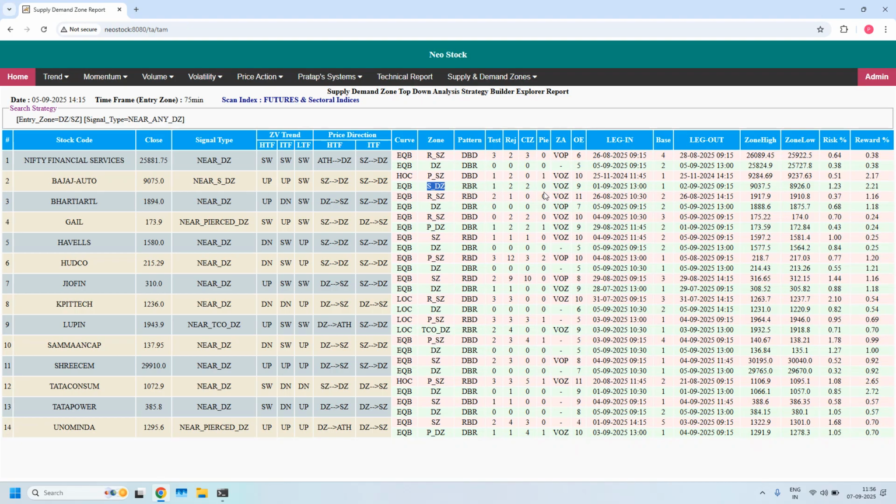Bajaj Auto is having a 75 minutes high liquidity demand zone. That's it. We got only one high priority, high liquidity 75 minutes demand zone from this list.